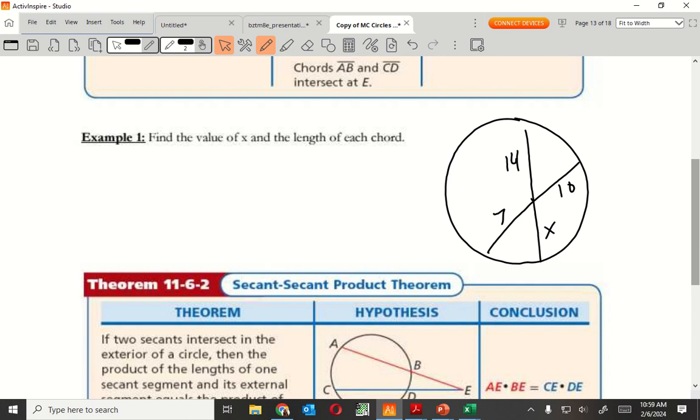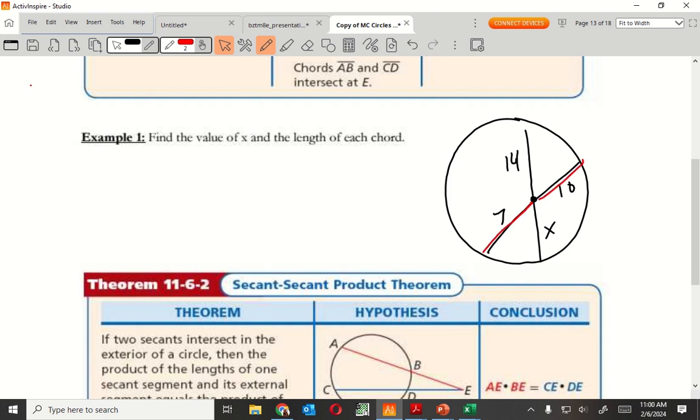So if we're doing this step by step to solve for the unknown side, my chords cross inside the circle, so I multiply to be able to solve for those. Right here, I have 7 and 10. They're on the same line, right?